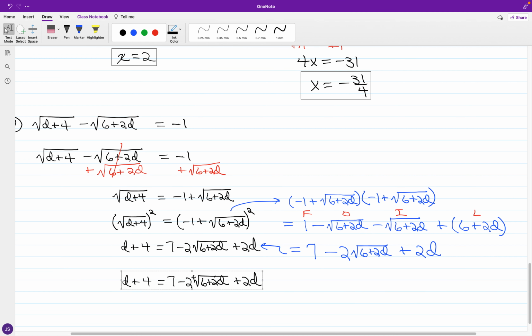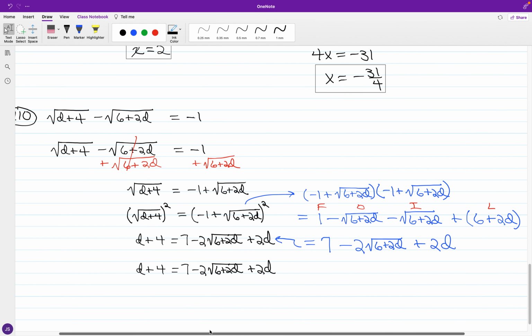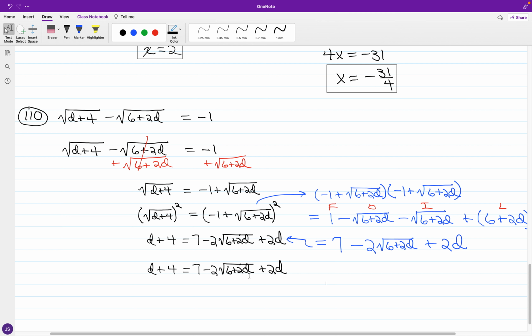And I'll soon take care of that. Just as I had isolated the square root of d plus 4, I'm going to isolate this radical term. So I have this to the right, and I'll just move the 2d as well as the 7.